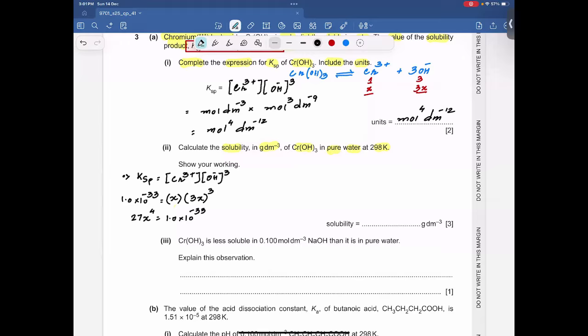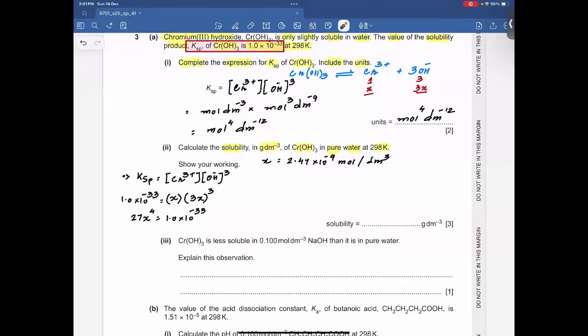Obviously, I'm going to take the value of X. So the value of X from here is technically 2.47 into 10 to the power minus 9 mole per dm cube.